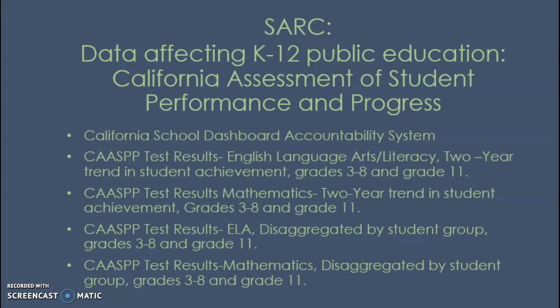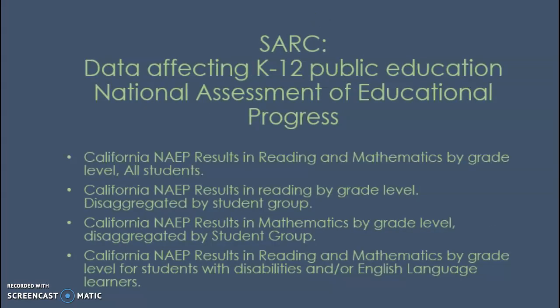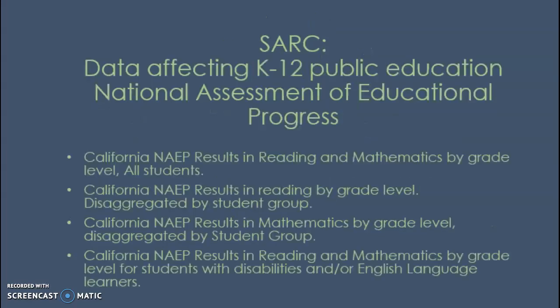We're able to see the California Assessment of Student Performance and Progress in English language arts, mathematics, and science, as you see here. As we go on, I'm going to go through them and show some examples of what we can find on those.